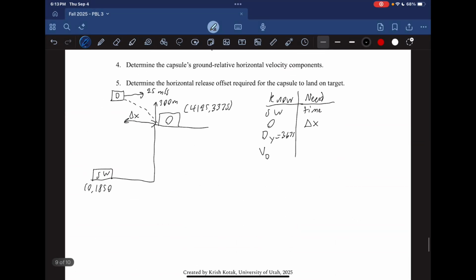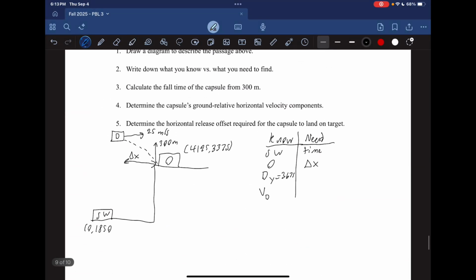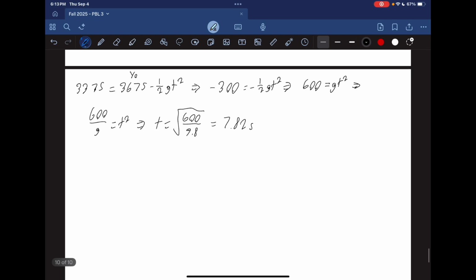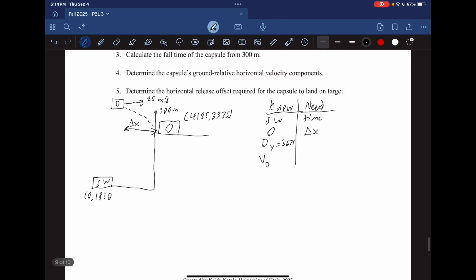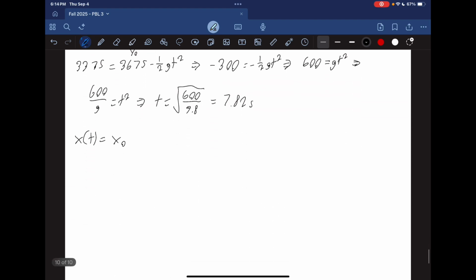So now we need to plug that into our x of t equation. So x of t is going to be, I'm going to say that the x naught is what we're looking for here. So this is our delta x. I'm going to call it x naught, so the initial x position.